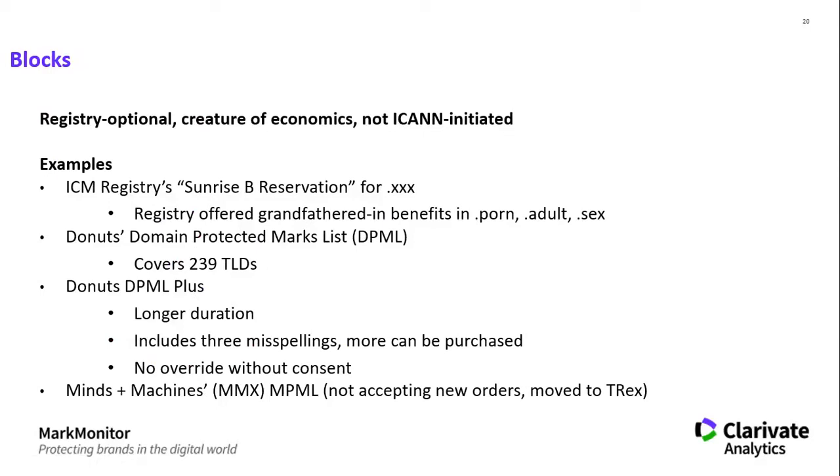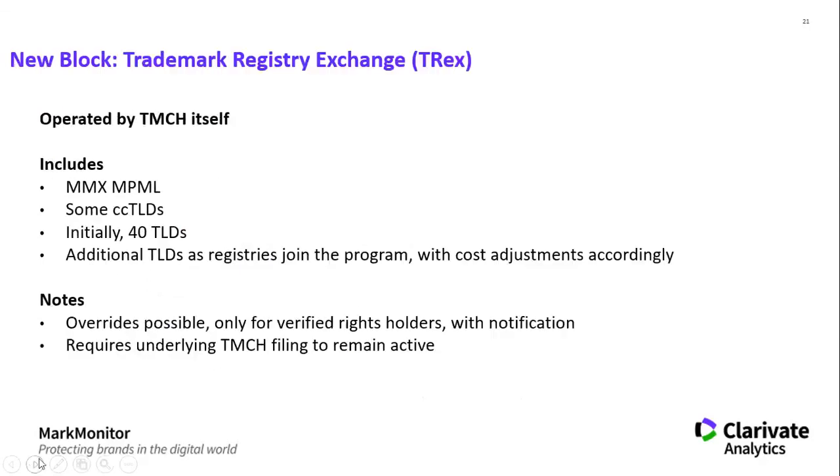As you'll see in a second, blocks can, in some contexts, be overridden. If someone else has a trademark, say Delta Faucets has a trademark for Delta, and so does Delta Airlines, one could override the other's block. And then Minds and Machines also did an MPML, they called it. And we'll see what happened with that in just a second.